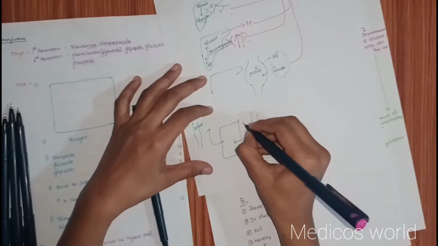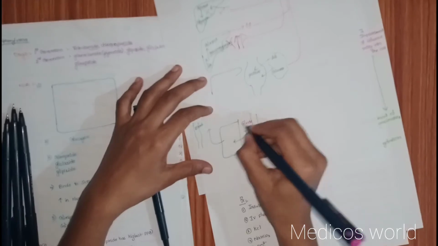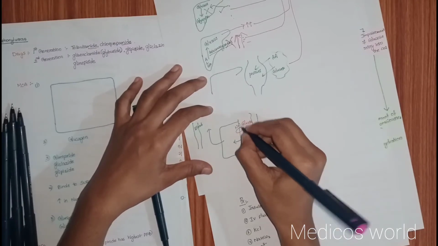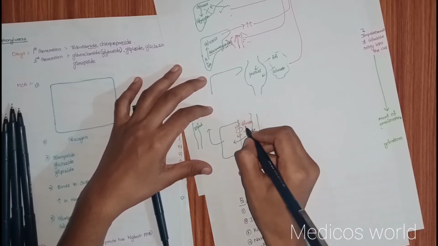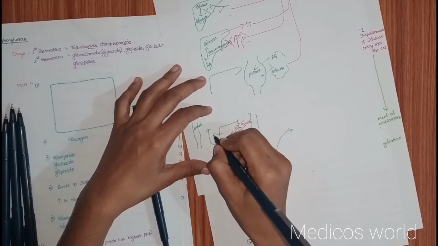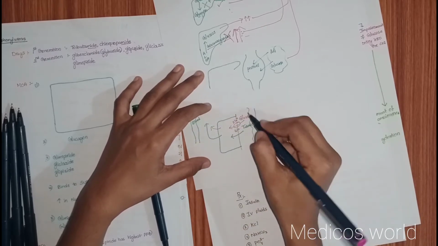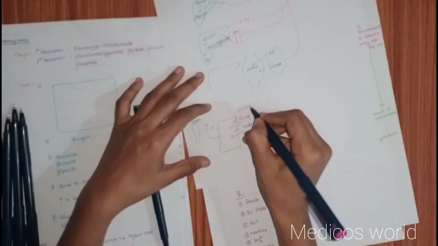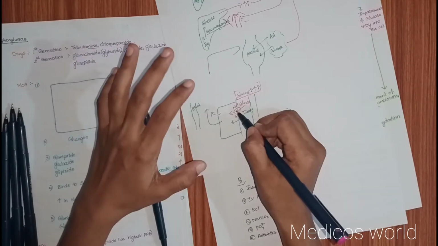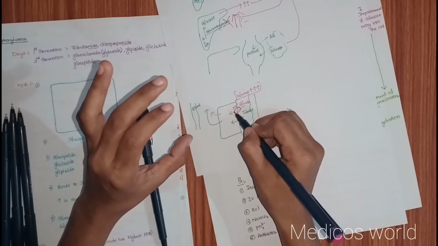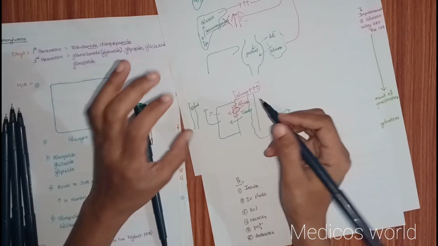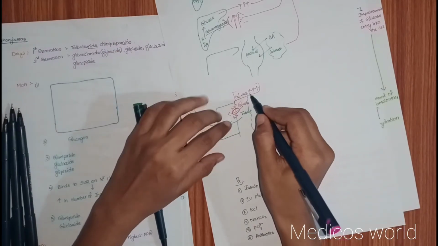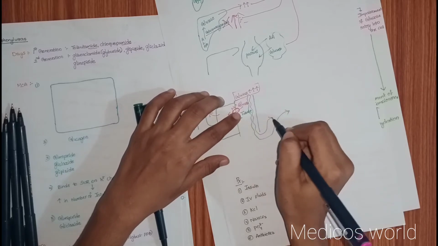Normally the glucose is reabsorbed by the sodium glucose cotransporter. The glucose is reabsorbed like this. In the renal tubule, the glucose concentration is increased and the sodium glucose cotransporter carrier is saturated.